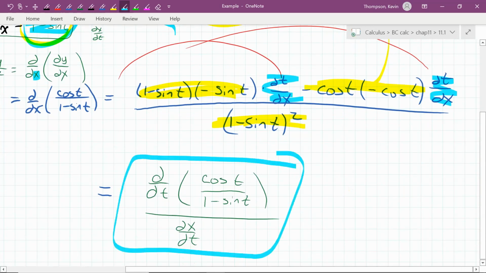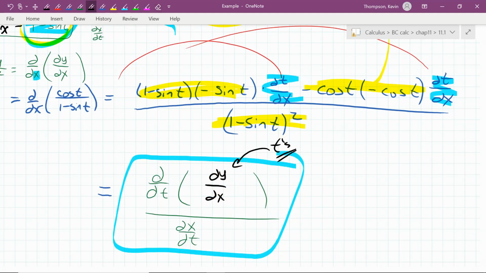Now, this isn't really the answer to the question, but this is where the formula is coming from. So the formula would say, take the derivative with respect to t of the first derivative. So what if I even just wrote, instead of this, which is what we just had, what if I wrote dy dx? Since dy dx has t's in it, we're going to take the derivative with respect to t. So pretend that there is no x here involved with it, except it's really just been factored out and then divided. So that's where this formula then is coming from.